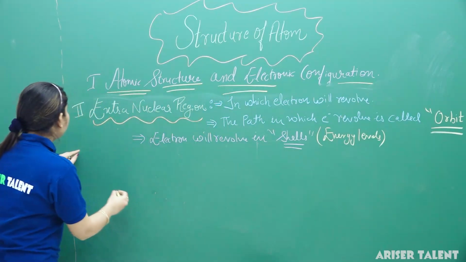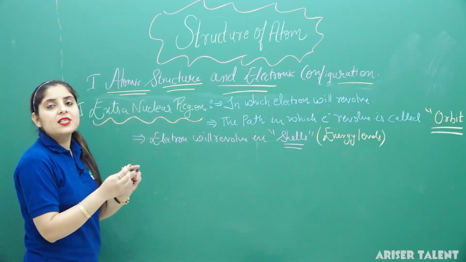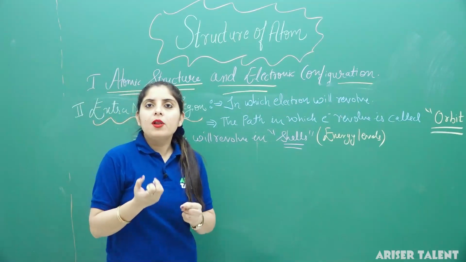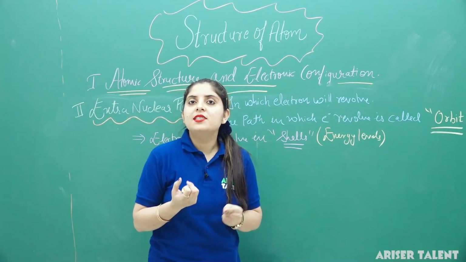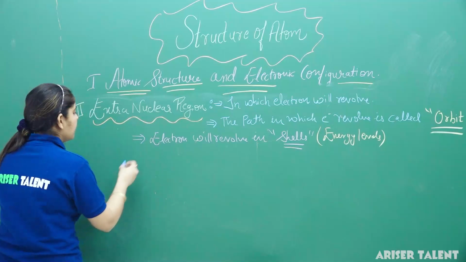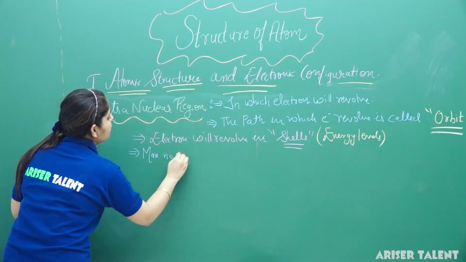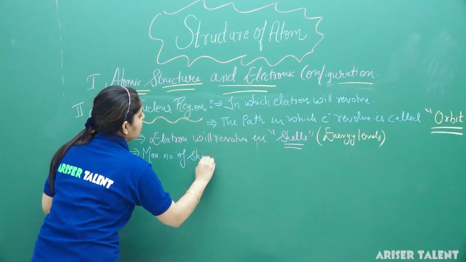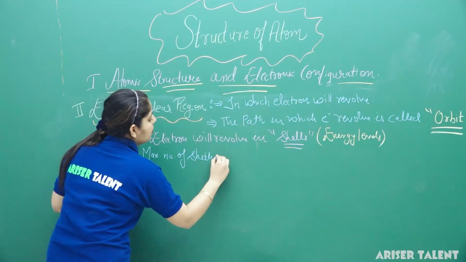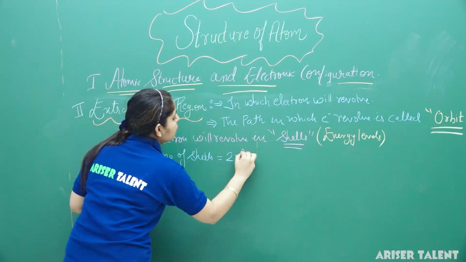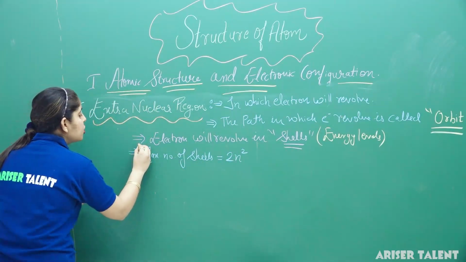So the formula for calculating the maximum number of electrons in a shell is 2n square.